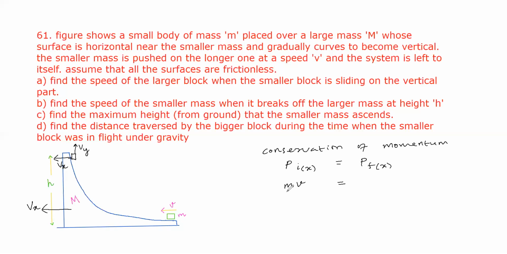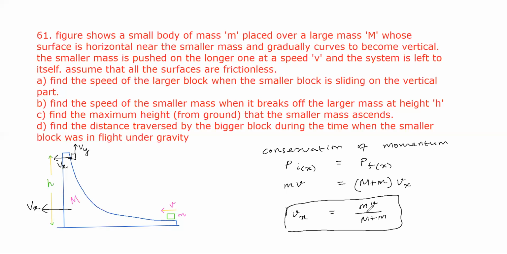Initial momentum along the x-axis is the mass of the small block into velocity v, which is equal to the final momentum. In the final case, both bodies move together in the horizontal direction, so both masses are together. We are taking M plus m into the x component velocity. So the x component velocity is equal to m v divided by M plus m. With this velocity, the bigger block moves horizontally.